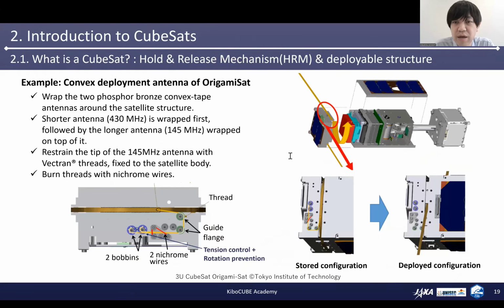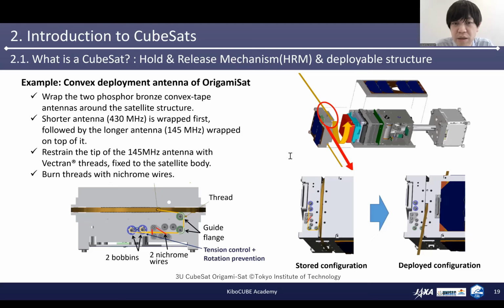This slide shows the actual implementation of the antenna deployment system based on the wire mechanism. This is a design example of 3U CubeSat, Origamisat 1. In this example, the antenna is based on convex tape. The two convex tape antennas are wrapped around the satellite structure.